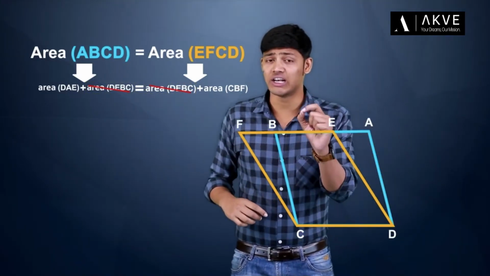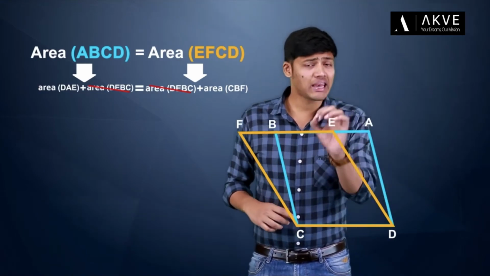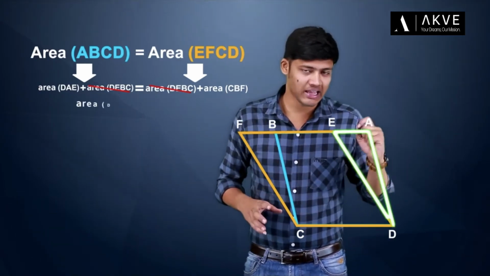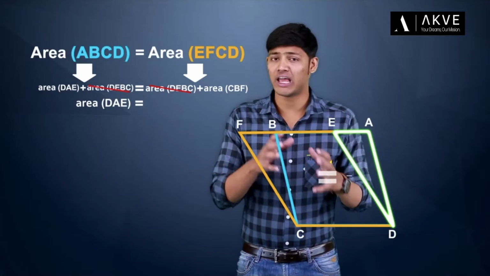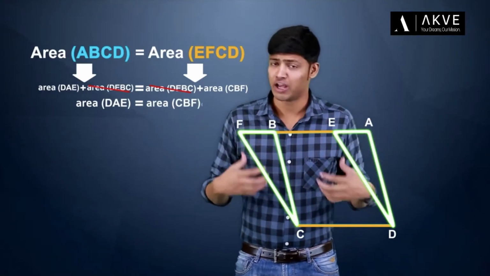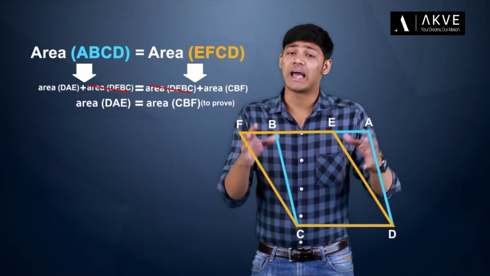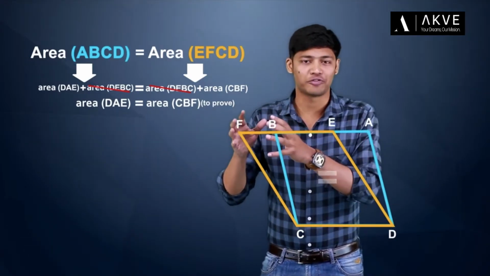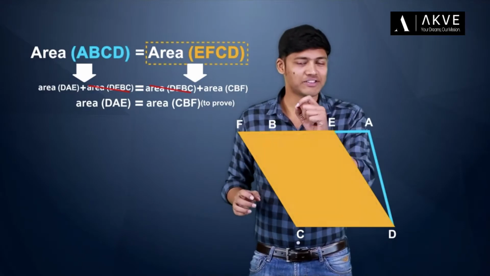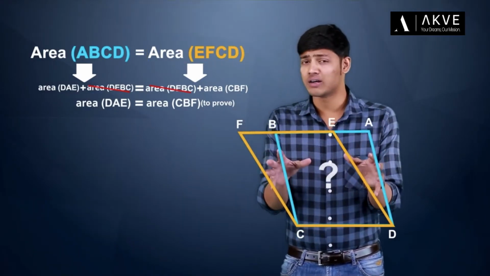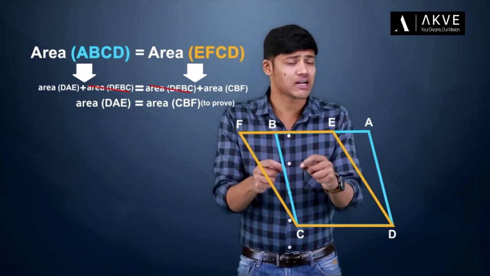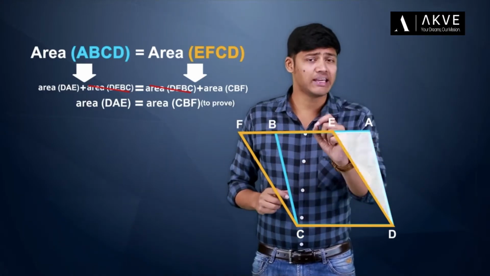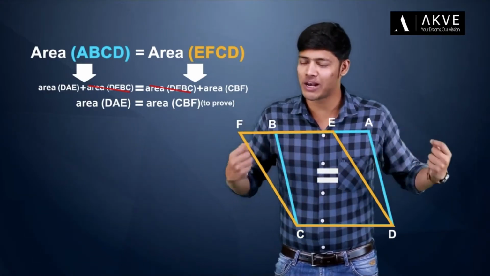Now, essentially, we have to prove that area of the triangle DAE is equal to the area of the triangle CBF. If we prove that, then the area of the parallelogram ABCD will be equal to the area of the parallelogram EFCD. But how can we prove that the areas of the triangles ADE and CBF are equal?